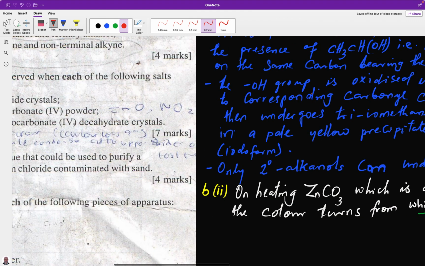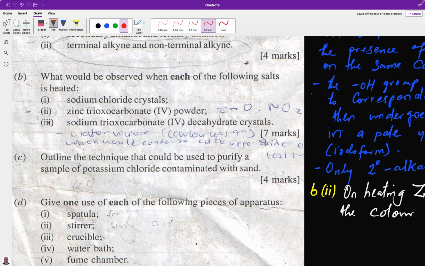Then we went into heating the different crystals, salts. So heating sodium chloride, heating zinc carbonate, and heating sodium carbonate. And you saw what was obtained. Then for how to obtain a pure sample of potassium chloride, I told you that there are 4 stages.